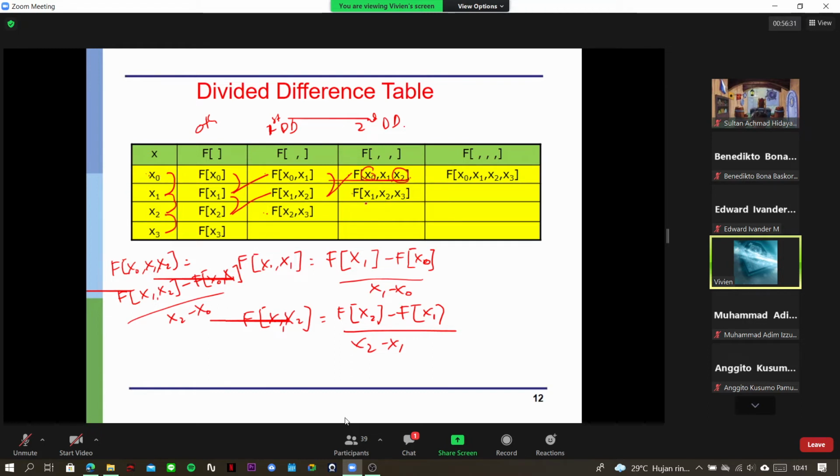Again, for the next one, this will be calculated by f[x2, x3] minus f[x1, x2], divided by the largest, x3 minus x1. So we got the second divided difference. Now we want to find the third divided difference, the fourth column. That will be equal to f[x1, x2, x3] minus f[x0, x1, x2], divided by the largest, which is x3 minus x0. Okay, can you follow this?